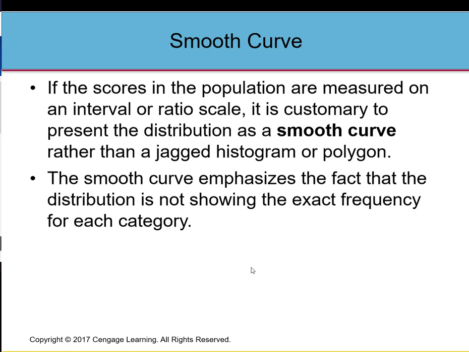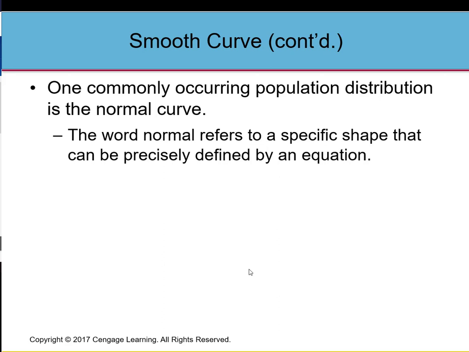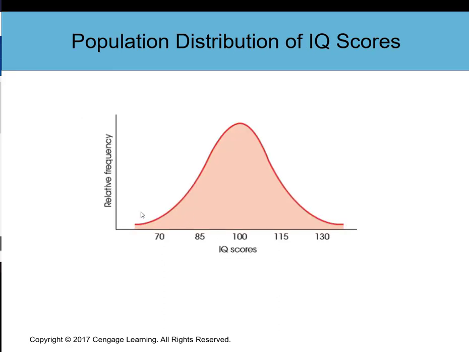The smooth curve emphasizes the fact that the distribution is not showing the exact frequency for each category, and the one we're most familiar with is the normal curve. This is a smooth curve, and typically when you see this, you're talking about a population distribution instead of a sample distribution, because the sample distribution will be a histogram.